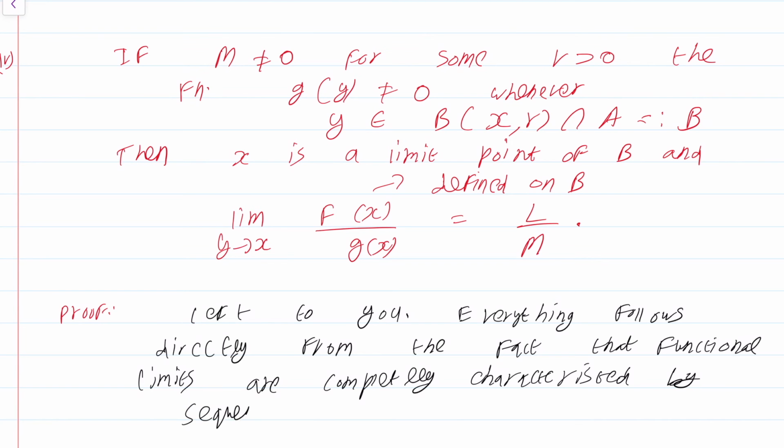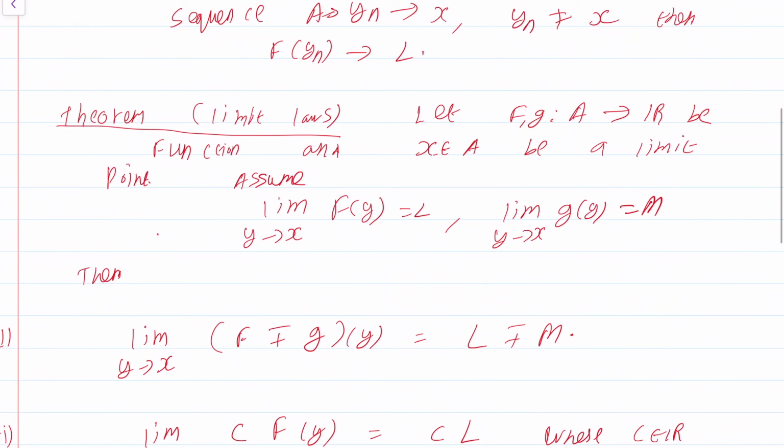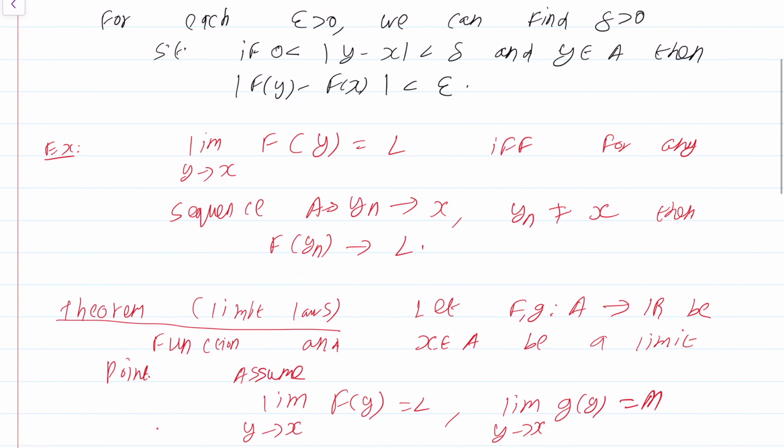All of these proofs follow immediately by applying the previous theorem, the previous exercise, which again I have left for you as an exercise. Everything follows immediately from this and the corresponding theorem for sequences.